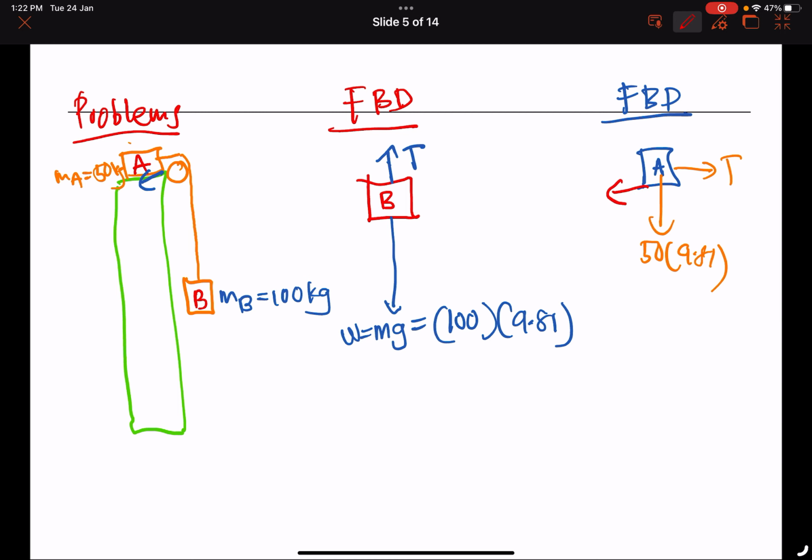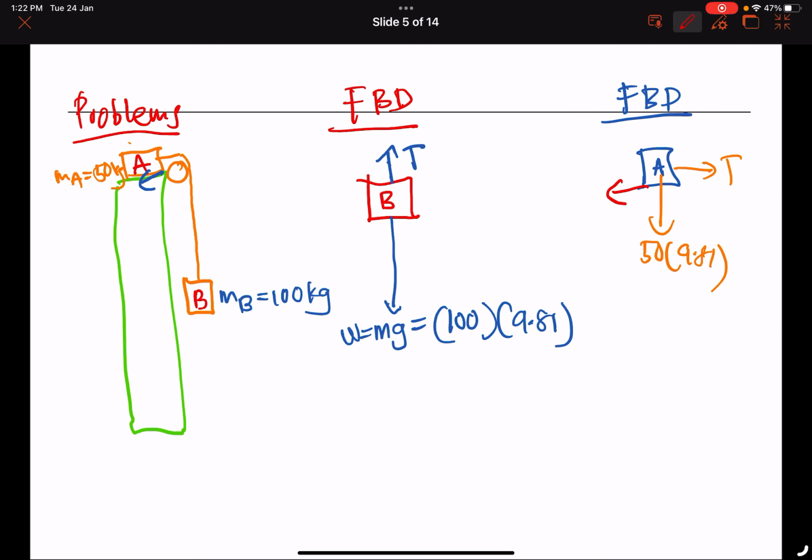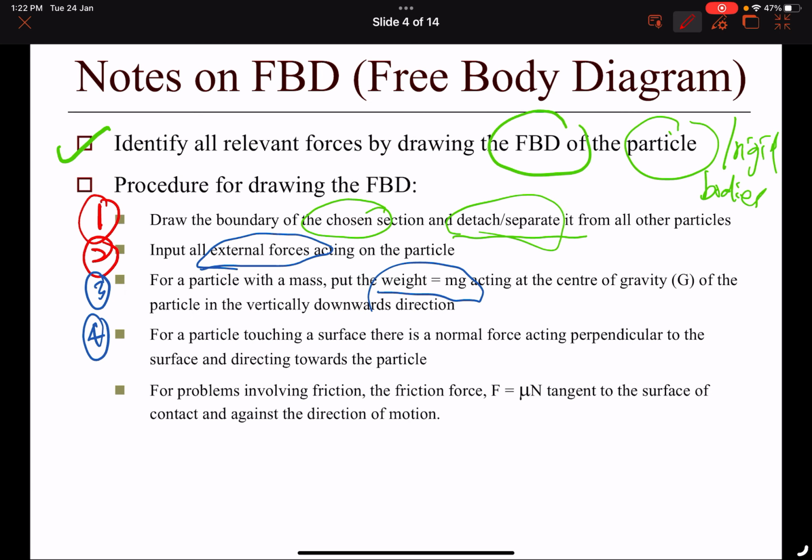And of course, number 4 again here, the normal force acting perpendicular to the surface. So the normal force should be like this one. Let's say I put here, this one is the normal force, acting perpendicular to the surface and directed towards the particle.